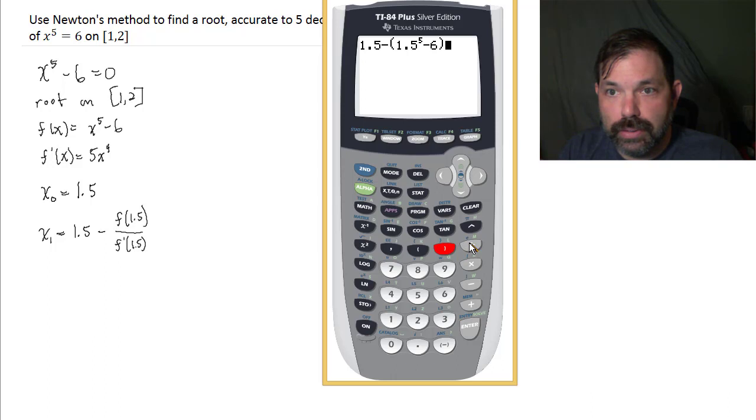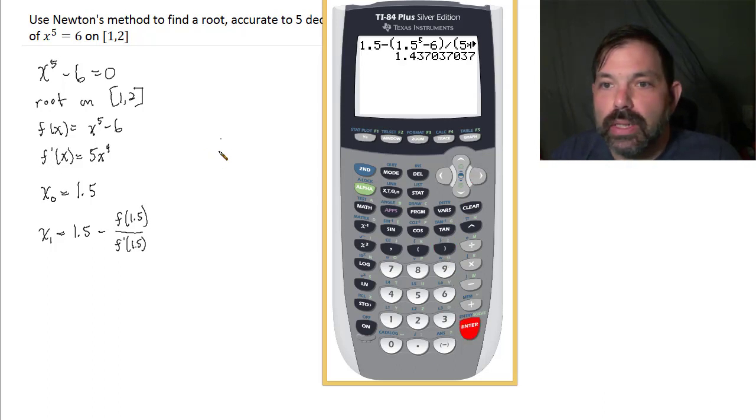Close that off and divide that by 5 times 1.5 to the 4th power. Get out of the exponent, close that off, and I hit enter.